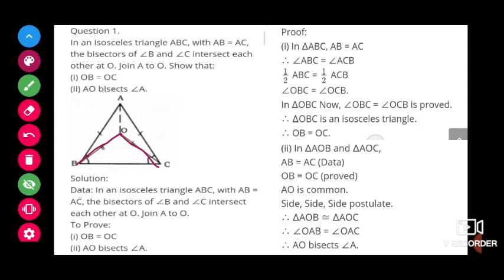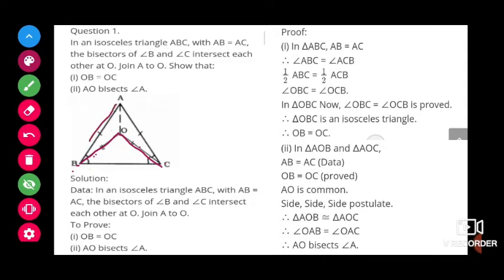So, to prove the first one, I will take these two triangles where the two sides are lying. We cannot consider this triangle OBC. Why? Because by using a single triangle we cannot show that two sides are equal. So, I have to consider two triangles.